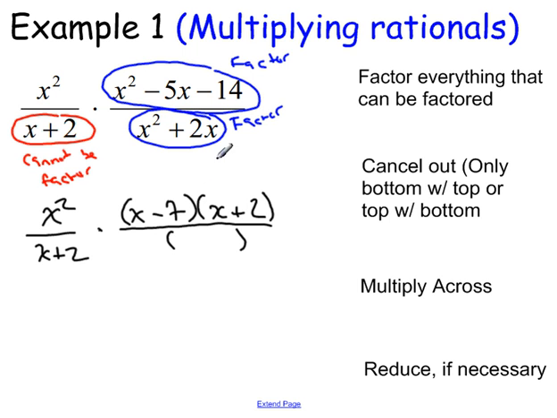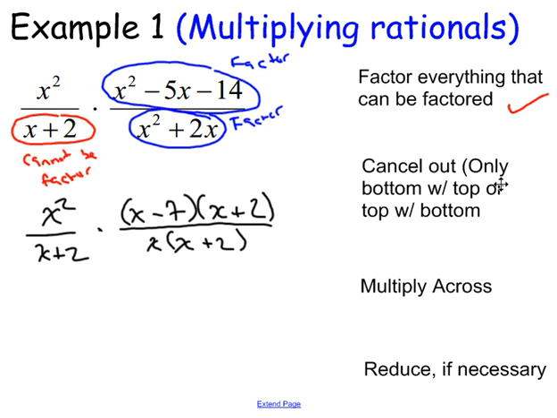On the outside, I'm going to have x. x times x gives me x squared, and x times 2 gives me 2x. All that work was step 1.